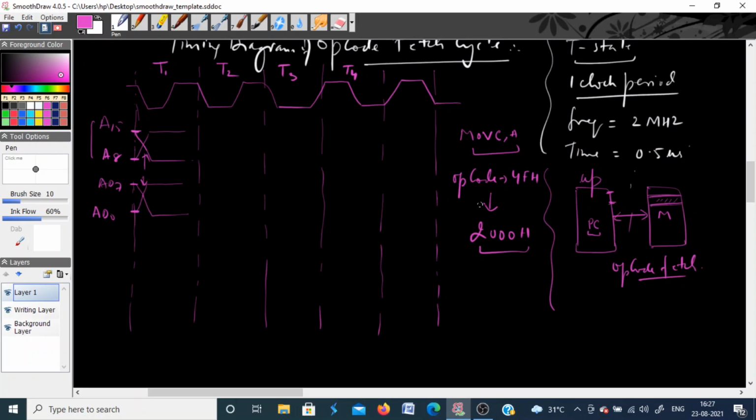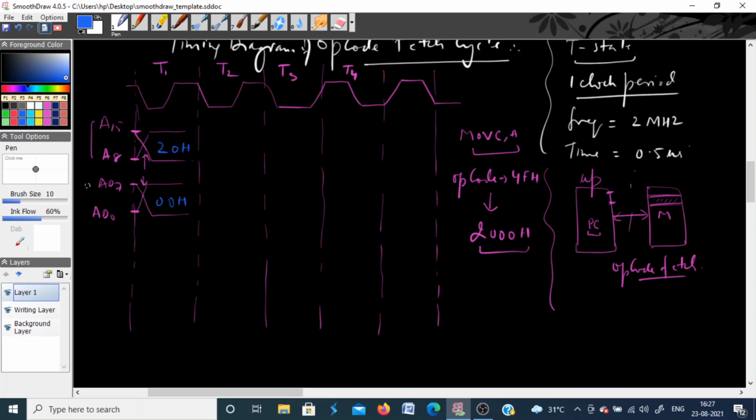You have to fetch this code, decode, and execute. Now see how it will be done. First of all, the higher 8-bit address, that is 20H, will be placed on the higher 8 bits, and the lower 8-bit address, that is 00H, will be placed on AD0 to AD7.